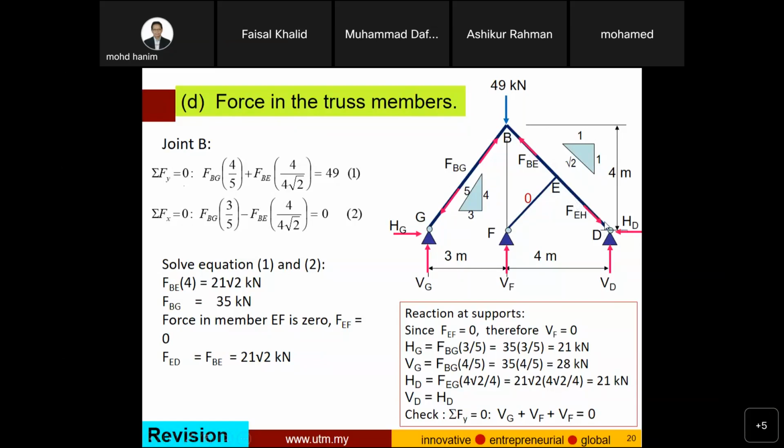Now, when you come here to H, can you solve this problem? When you know FEH, that means there are 2 unknowns left. And when you have only 2, not 3, not 4, you can solve this equation.